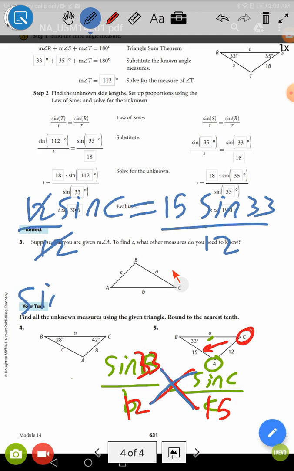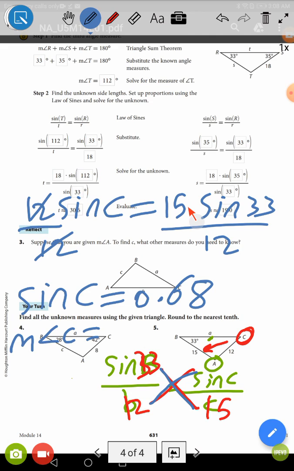So sine C equals about 0.68. To find the measure of angle C, use shift sine, and it will be about 42.9 degrees. That is measure angle C.